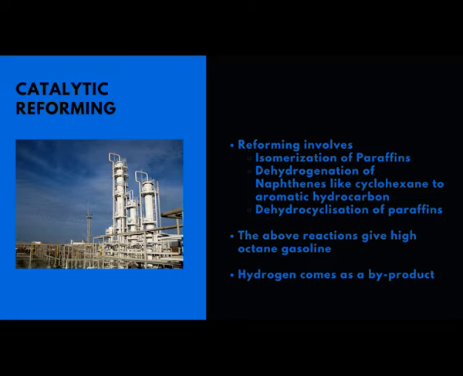All the above reactions finally result in high octane gasoline. Primarily, the aromatic content in the stream is increased and hence the octane number is improved, and in this unit hydrogen comes out as a byproduct. So, this is the prime purpose of a catalytic reforming unit.